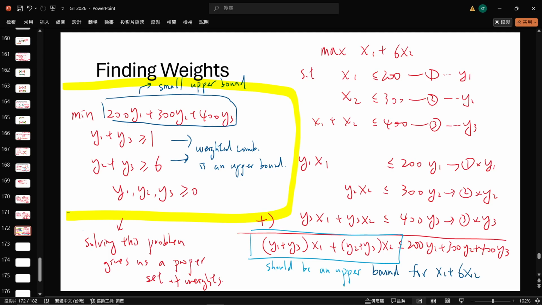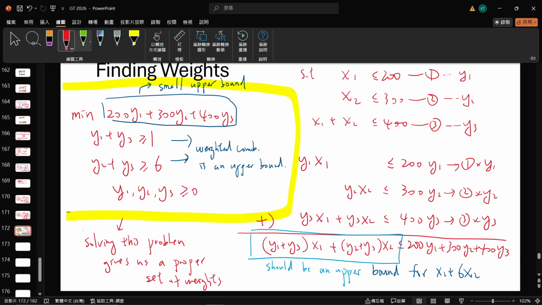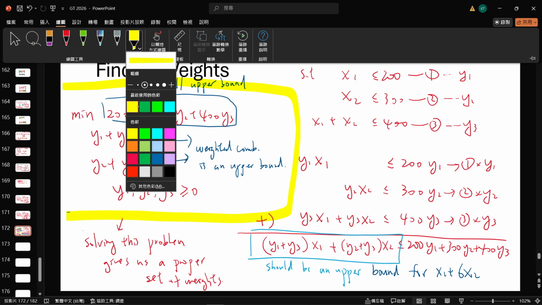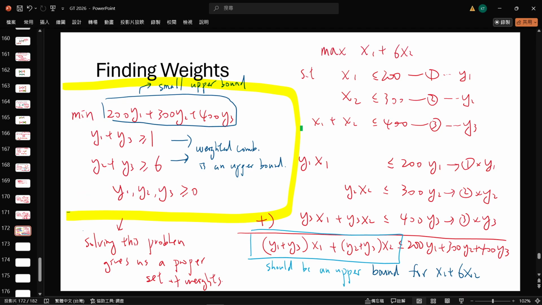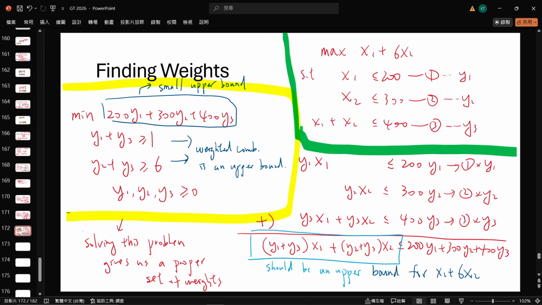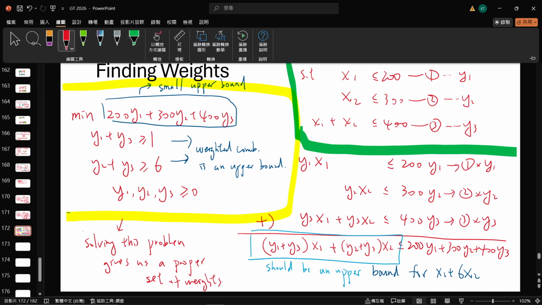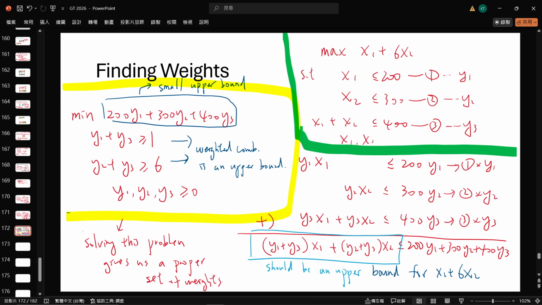In this slide, we actually have two problems. The green one is the first problem, the original problem, and the yellow one is the new problem that we use to find weights.